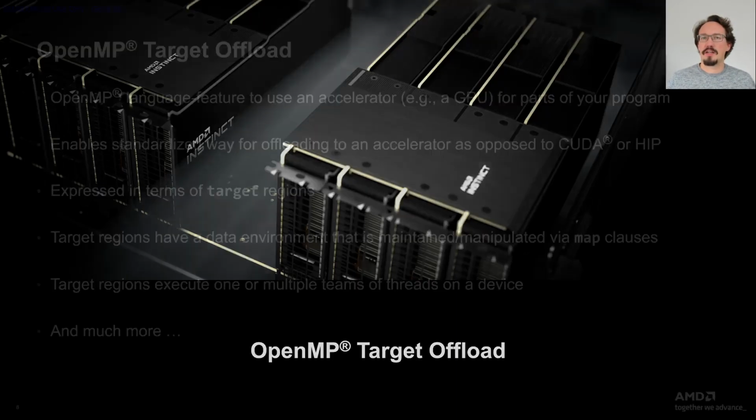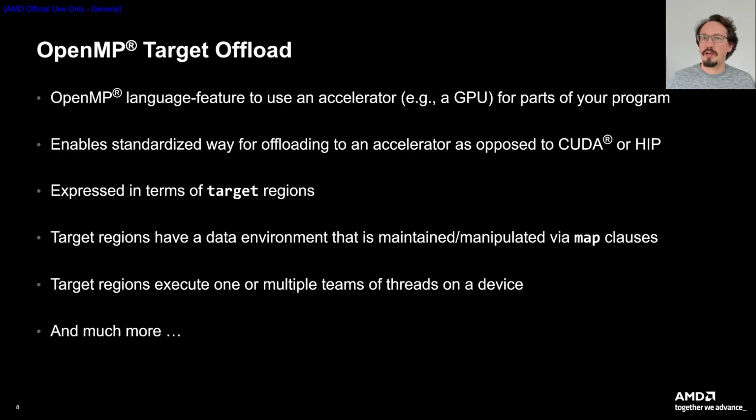OpenMP provides a standardized way for GPU programming as compared to HIP or CUDA, and directly integrates with the host languages C, C++, and Fortran. The fundamental keyword in OpenMP is the target keyword, which marks so-called target regions. These target regions are meant to be executed on an accelerator.